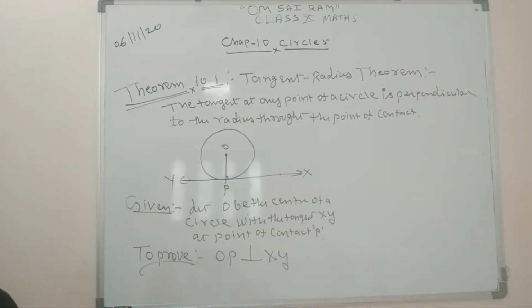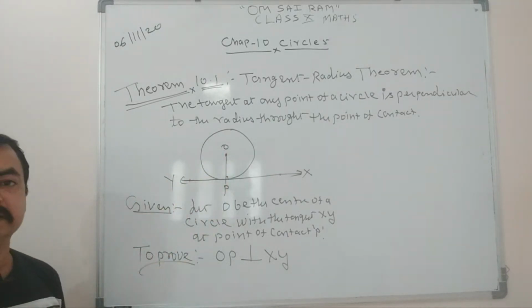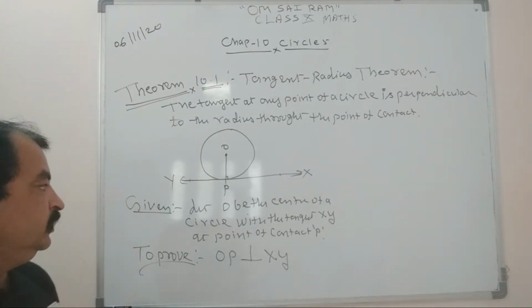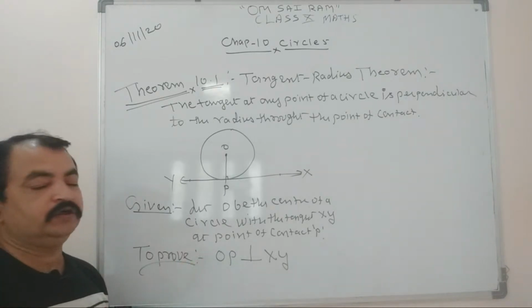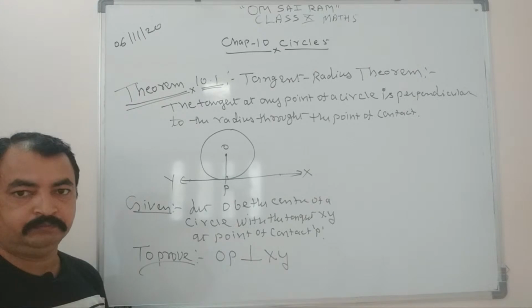It's up to you what you want to take, but the concept must be proper. From the chat, someone is asking to take the center as O and the radius as OR. Yes, you can take it. It doesn't matter.